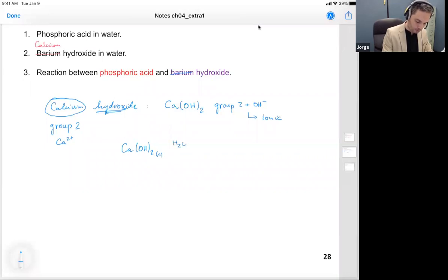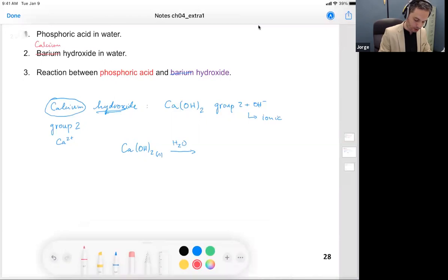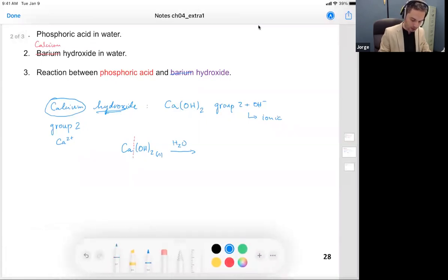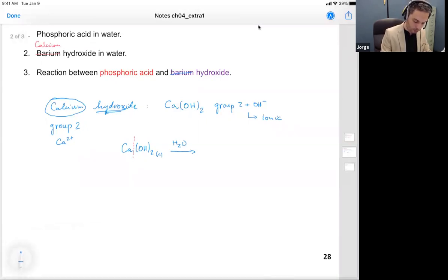When we dissolve an ionic compound in water, if the compound is soluble, the water is going to be strong enough to break the interaction between cation and anion, and that will produce calcium and OH minus. We started with 2 OH, we have to finish with 2 over here.